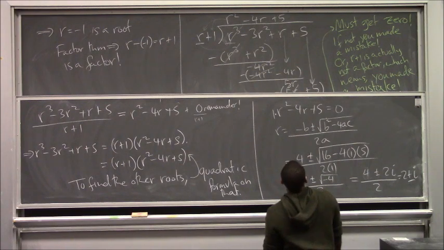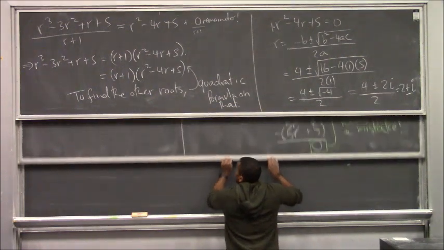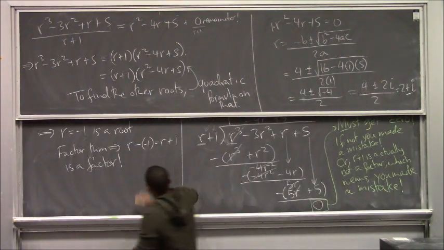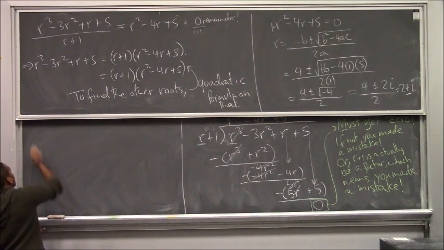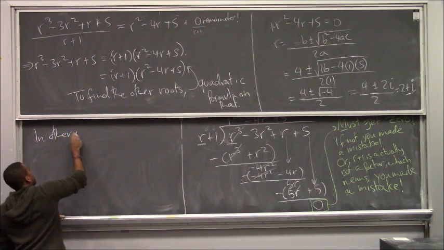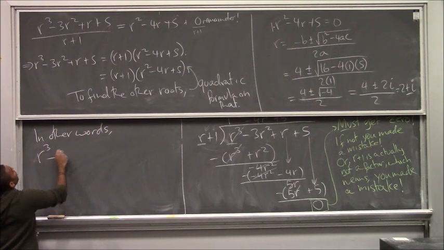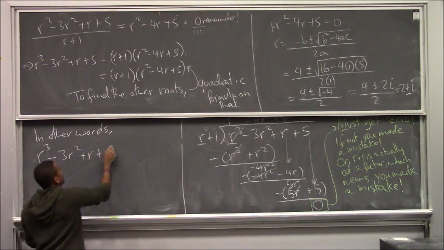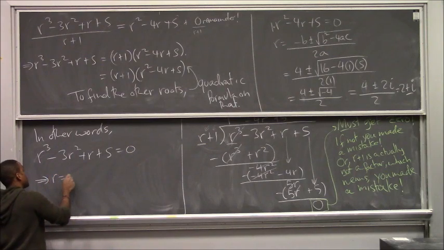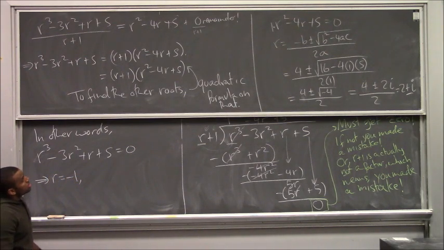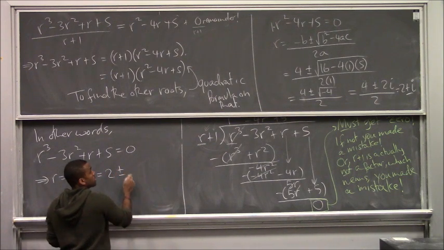I erased the original. In other words, if I have r cubed minus 3r squared plus r plus 5 equals 0, then this would mean my r is actually either minus 1, or my r is going to be 2 plus or minus i.